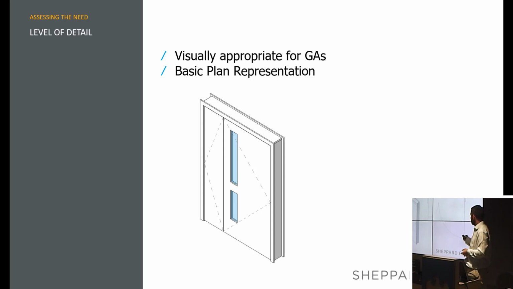It also doubles up as a representation in a low level of detail in plan as well. So we have low, medium and high detail, where medium and high are combined together. When we've got a 1 to 200 or something like that, we can pull back the amount of information that we're showing on the screen.